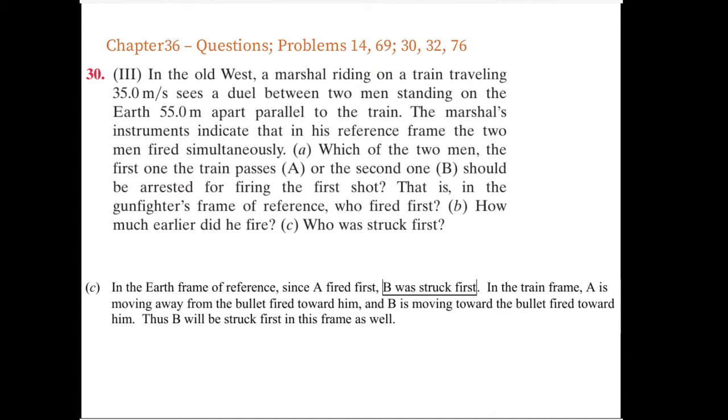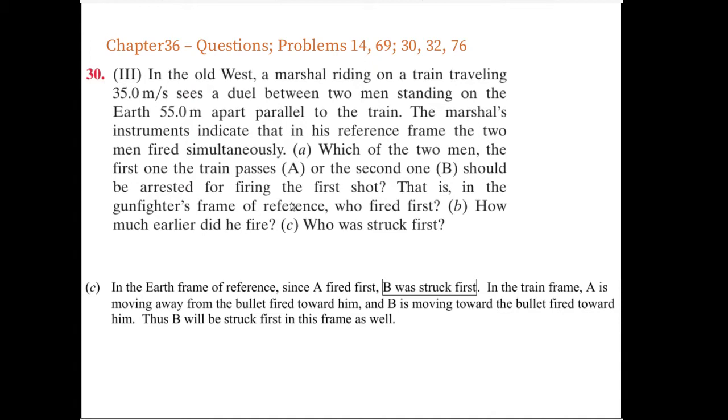All I'm going to say is that the answer is not obvious. It depends on whether the velocity of the bullets is larger or smaller than 35 meters per second. And I think it's very reasonable to assume that it's actually larger than 35 meters per second. And then you get a certain answer that way, but as I said, I'm not going to actually solve it.